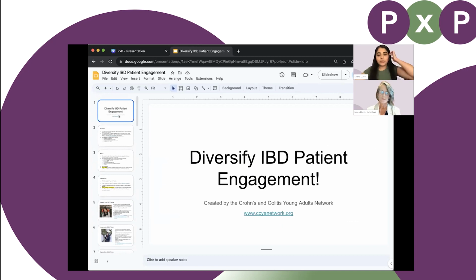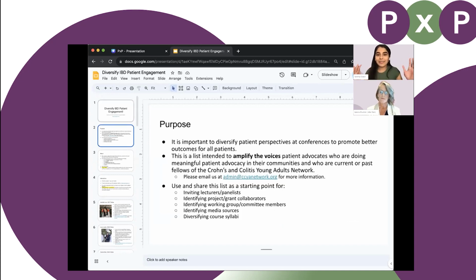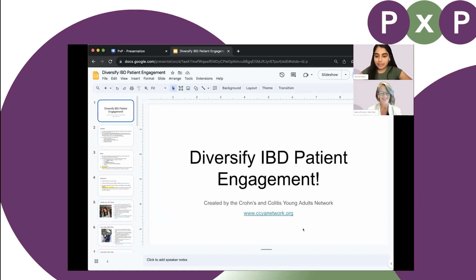So just really trying to get more patients integrated within RCTs that researchers are already doing, et cetera, which is really exciting. So I will pause there.